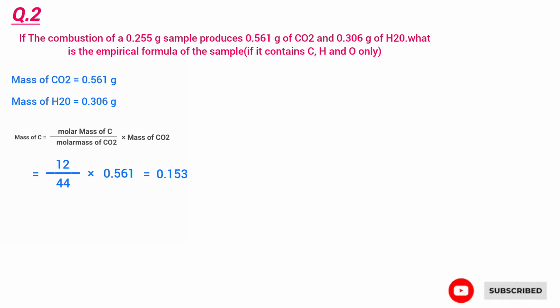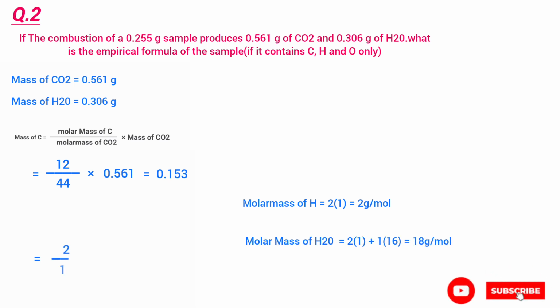Now, for hydrogen, we have that the mass of hydrogen is equal to the molar mass of hydrogen over the molar mass of H2O times mass of H2O. In H2O, there is 2 atoms of hydrogen, and hydrogen has an atomic mass of 1. So that is 2 times 1, which is 2. So the molar mass of hydrogen is 2. We know that the molar mass of H2O is 18. And from our question, we are given the mass of H2O as 0.306 gram.